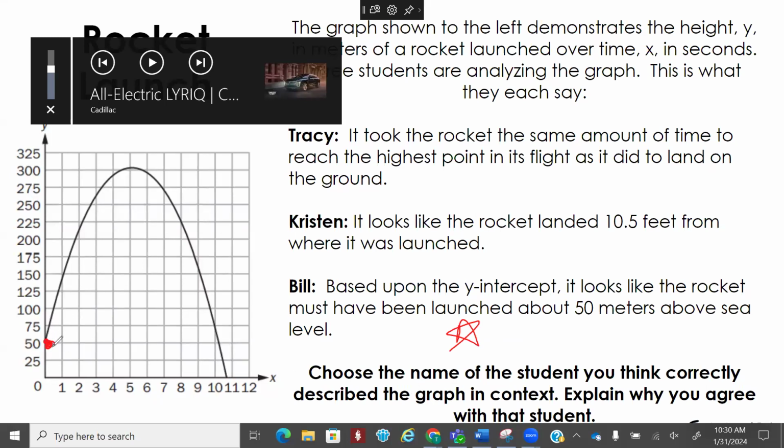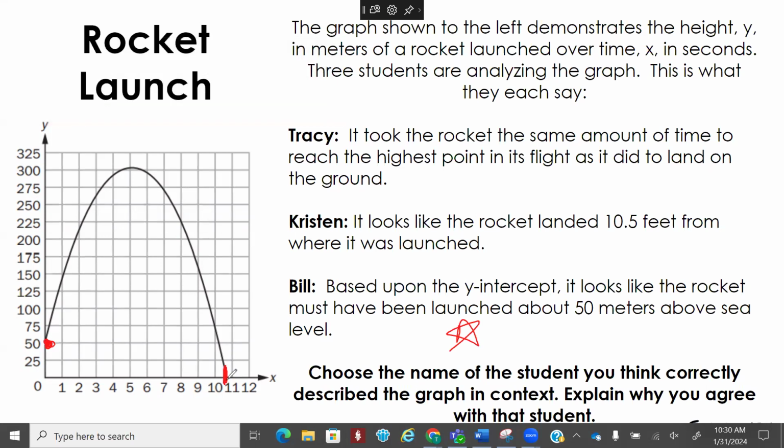This is the y-intercept. Okay. What about Kristen? Why? It's about 10.5, right? It's pretty close. So Kristen actually is correct. Okay, and so is Bill.